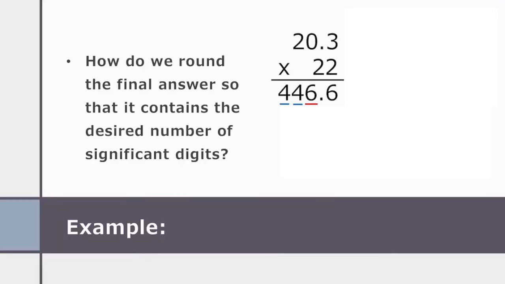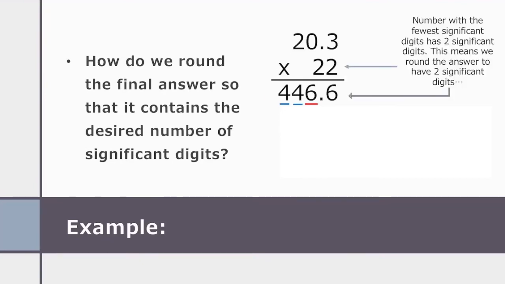All right, so here I've got 20.3 times 22. And what I want to do is just go ahead and get my calculator answer, which I've done down here. And now I want to find the number up here that has the fewest number of significant figures or significant digits, and that's this one right here, 22.